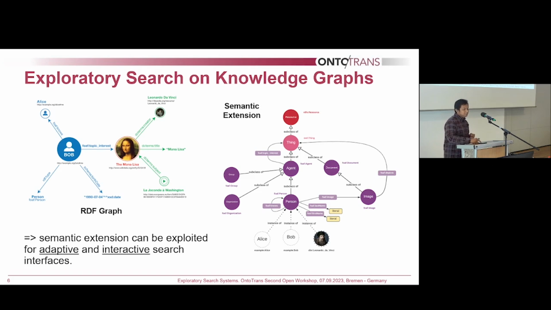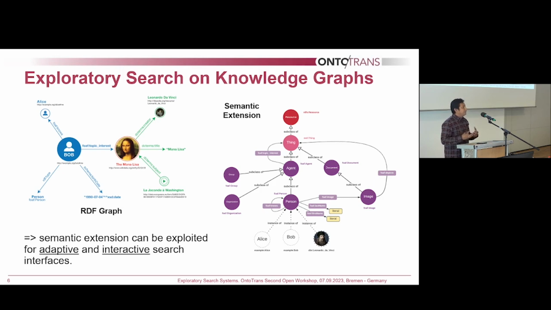But if you're doing it on a knowledge graph, for example, based on the ontology that I already explained before, you can make use of the structure of the knowledge. Here, for example, let's say that you're explaining a person, Leonardo da Vinci, who painted this Mona Lisa picture.